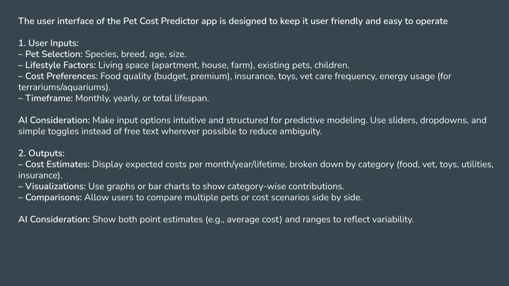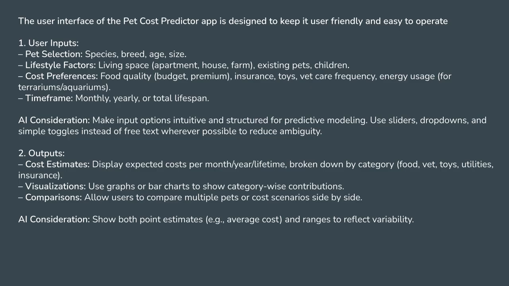The user interface of the Pet Cost Predictor app is designed to keep it user-friendly and easy to operate. 1. User inputs: pet selection, species, breed, age, size. Lifestyle factors: living space, apartment, house, farm, existing pets, children.